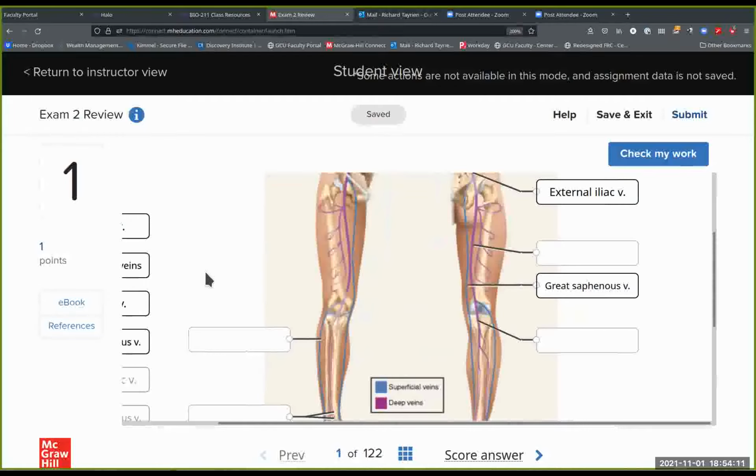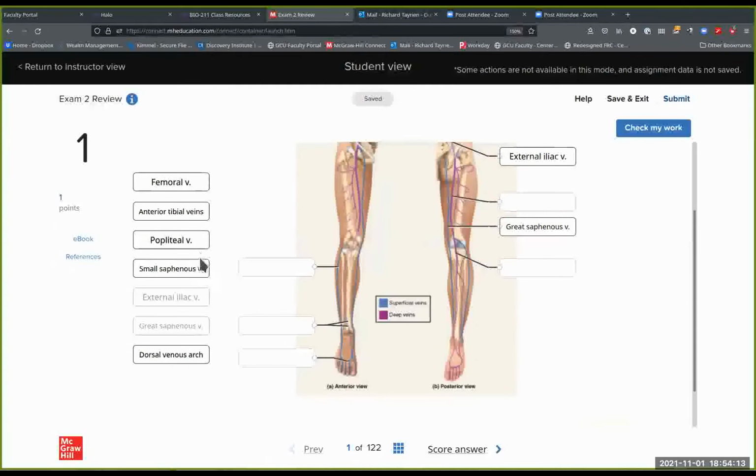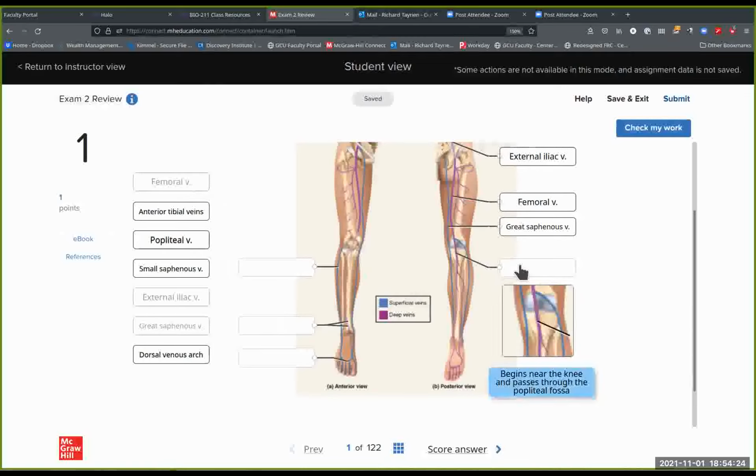Make this small again. And what do you got here? A little hint for you. Anterior. Is it trying to say that it's posterior? Yeah, this is a posterior view.